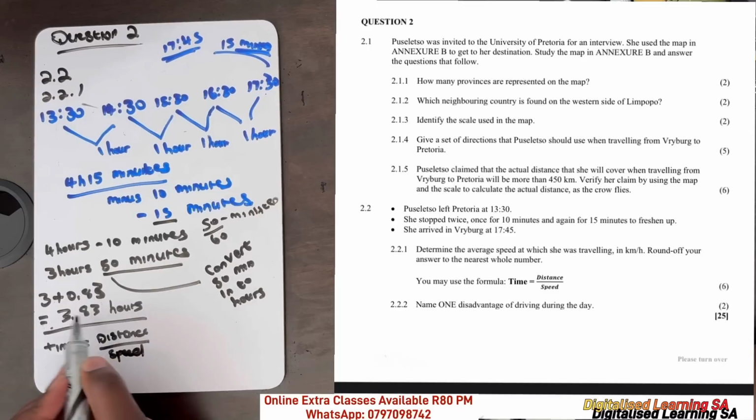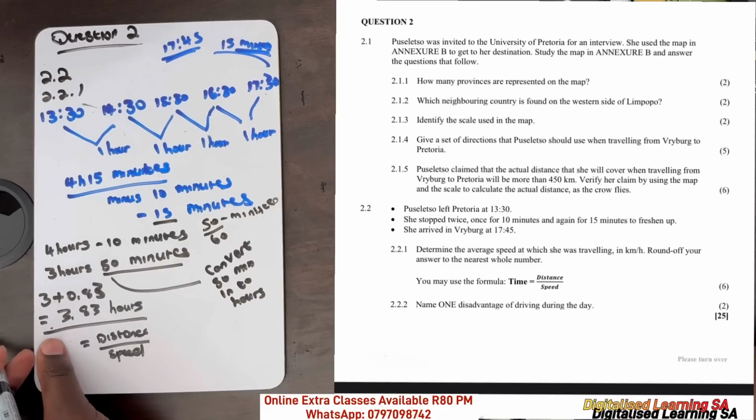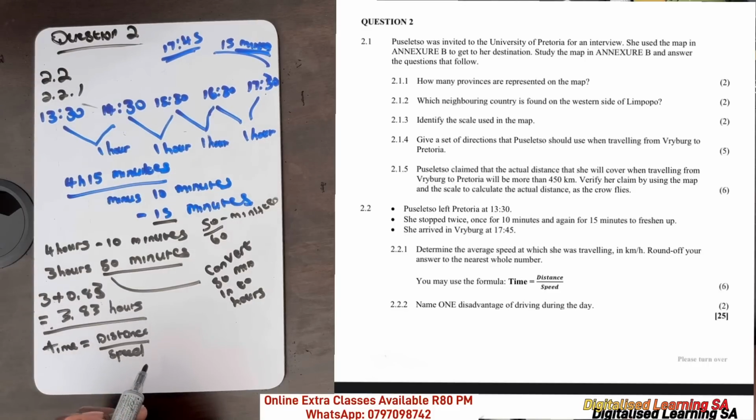Here we got our time, so this is our time in hours. So now we are looking for the average speed.